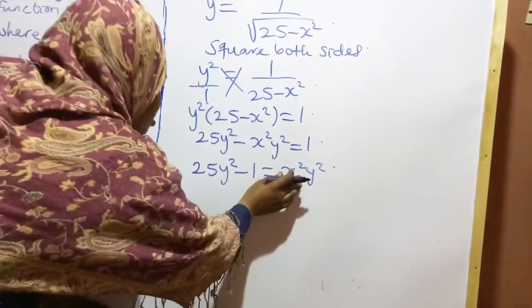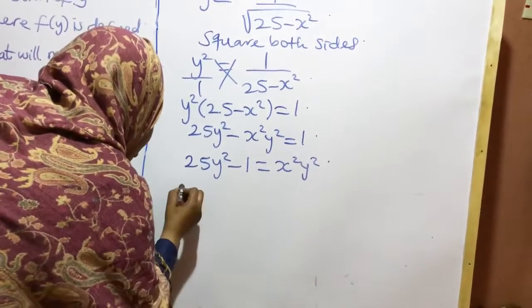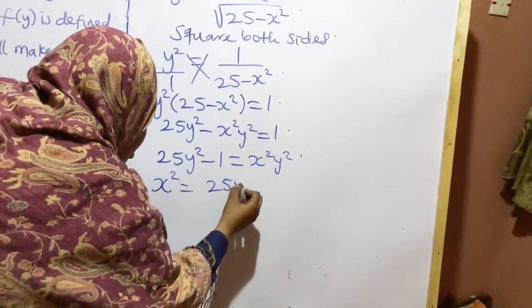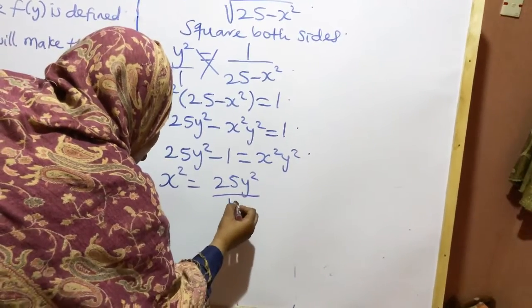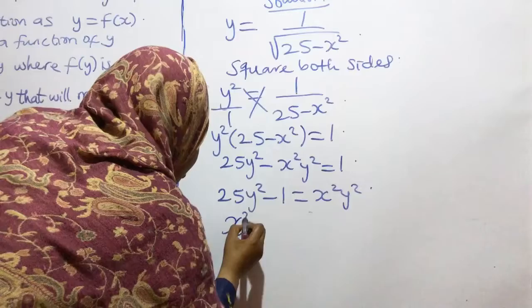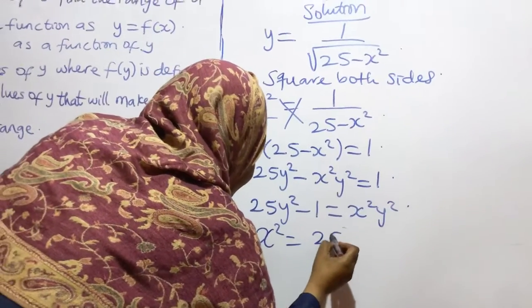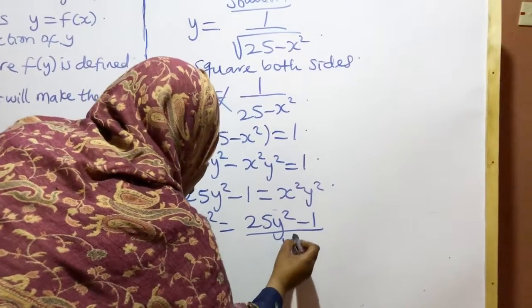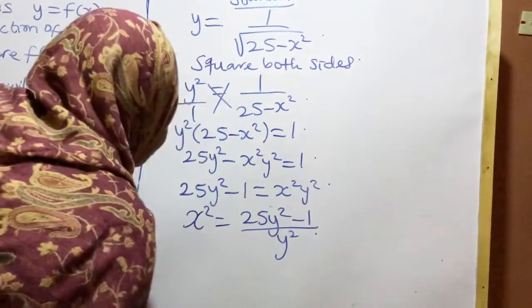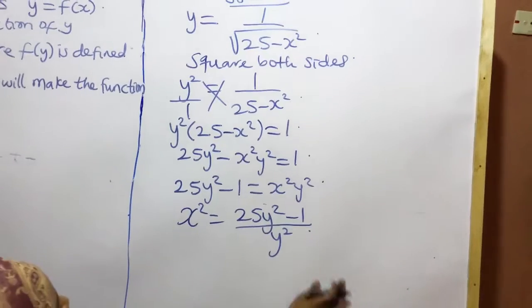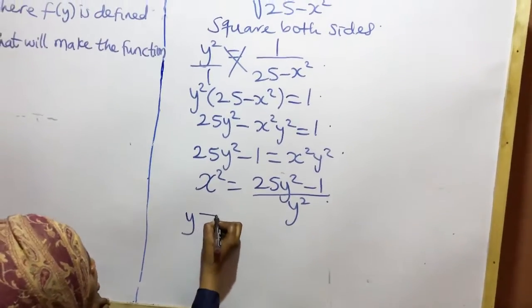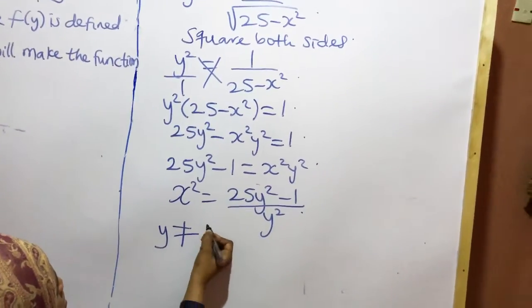Because I want to make x the subject of the formula, x squared will be equal to 25y squared minus 1 divided by y squared. So here, this is rational. That means my y must be greater than 0.